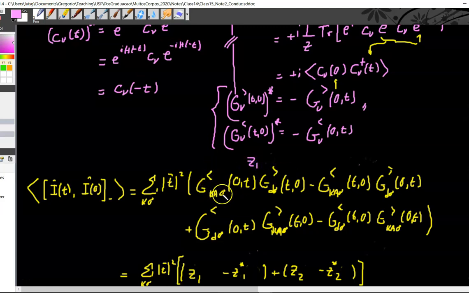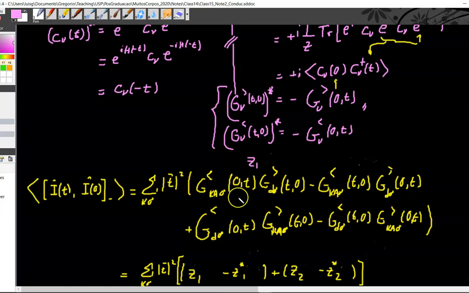G lesser 0t, G greater t0. And here I have the same thing, except that instead of 0t I have t0, and instead of t0 I have 0t here. So each one of these is minus the other one complex conjugate.